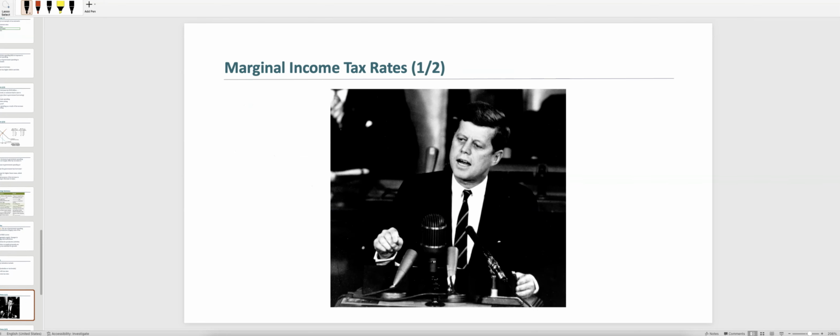So there's a picture of JFK. That would have been from the 1963 reduction in the marginal tax rates from their high. I guess it's not hard to look like a guy who reduces taxes when they're 94%.